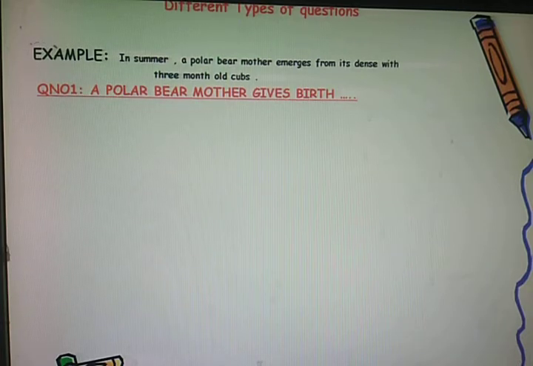In summer, a polar bear mother emerges from its den with 3-month-old cubs.